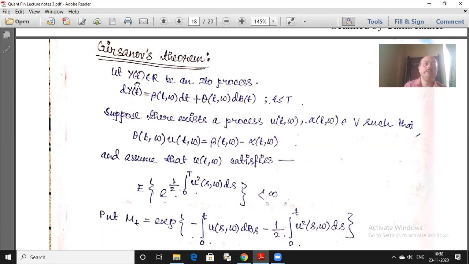Let us start with some Ito process Y, given by this expression: dY is beta dt plus theta dB. So beta is the drift, theta is the diffusion. Usual assumptions hold. This is my Ito process. Now, suppose I can somehow find two related processes, u and alpha, again from our good set, remember capital V was our good set, such that theta u is equal to beta minus alpha.